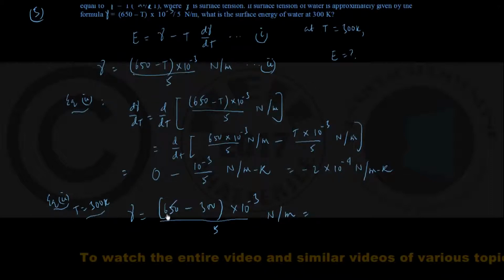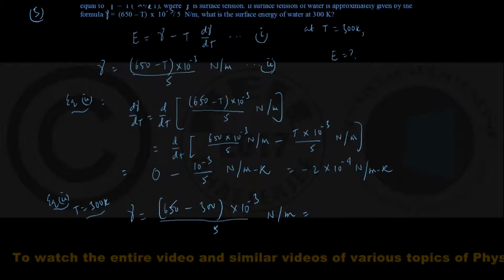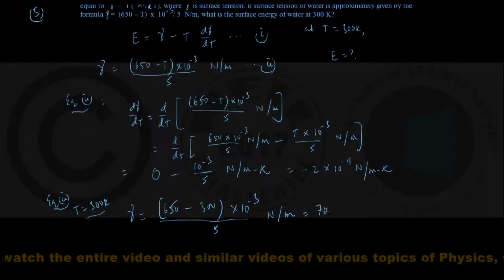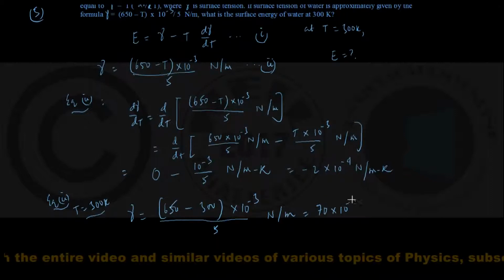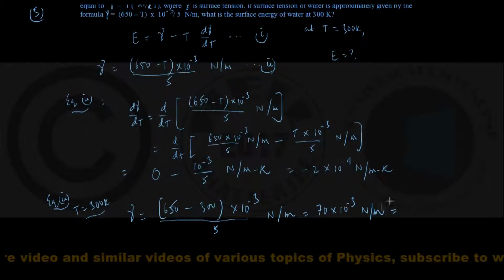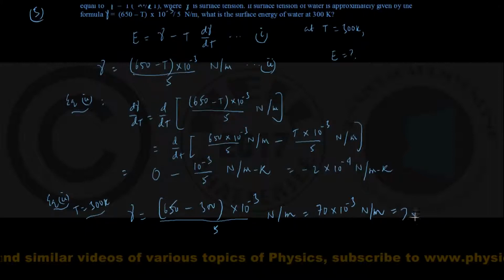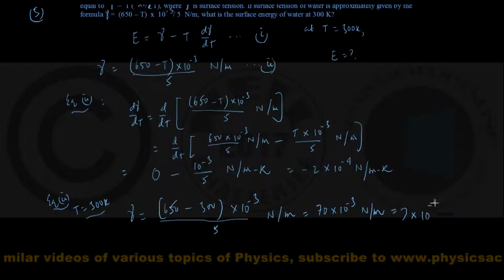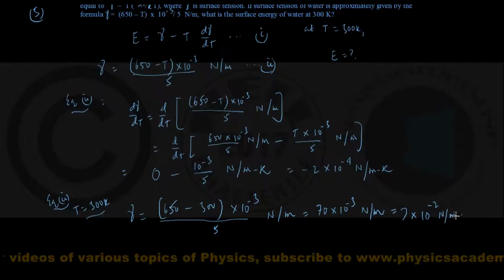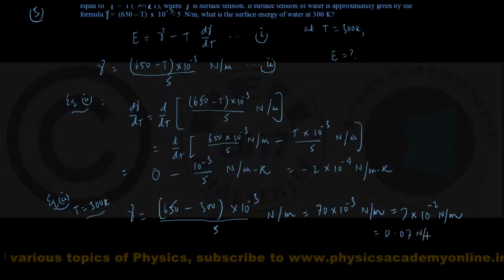This is coming out to be 650 minus 300, that is 350 by 5. That is 70 into 10 to the power minus 3 Newton per meter. Data is given to only one significant figure, therefore let me report it as 7 into 10 to the power minus 2 Newton per meter, or that is 0.07 Newton per meter.